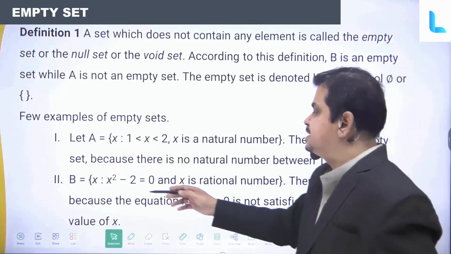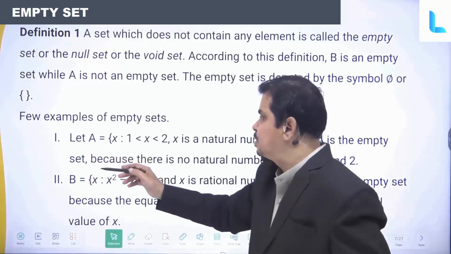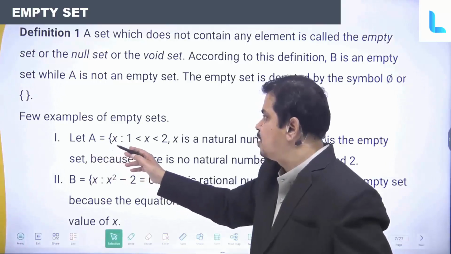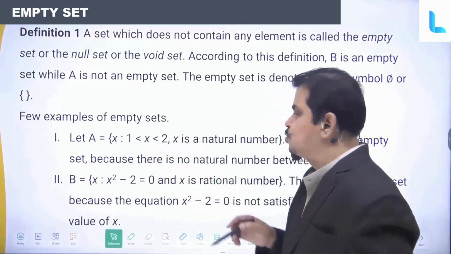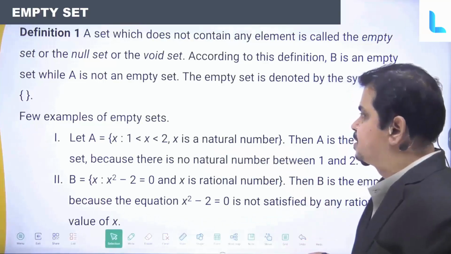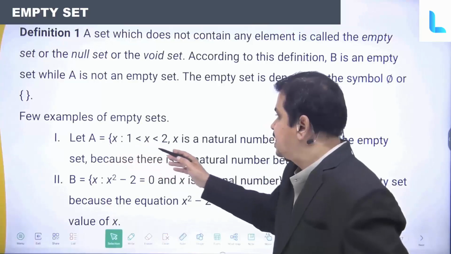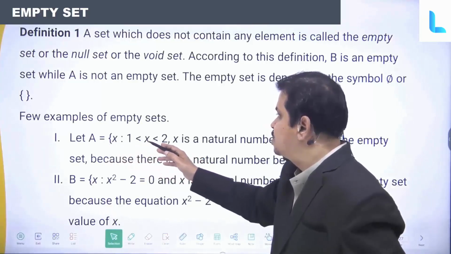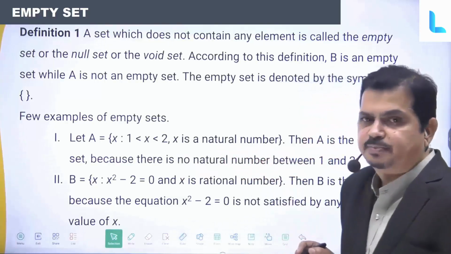Let us consider example number 1, where let set A consist of all x such that x lies between 1 and 2 and x is a natural number. This is how the set has been described, and the criteria is that the value of x lies between 1 and 2 and is a natural number.